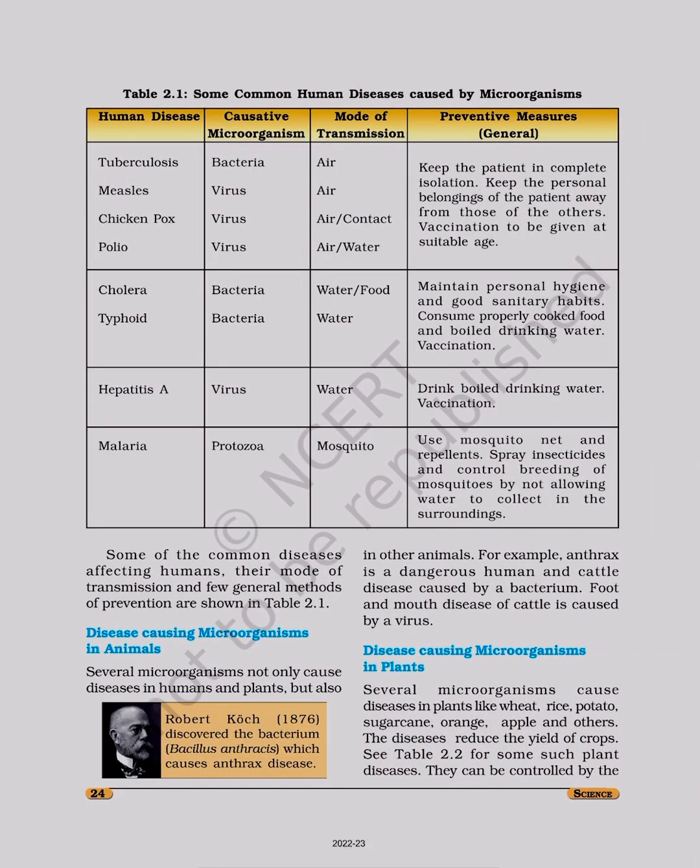Table 2.1, some common human diseases caused by microorganisms. Human diseases: tuberculosis, measles, chickenpox, polio, cholera, typhoid, hepatitis A, malaria. Causative microorganisms: tuberculosis, bacteria; measles, virus; chickenpox, virus; polio, virus; cholera, bacteria; typhoid, bacteria; hepatitis A, virus; malaria, protozoa.